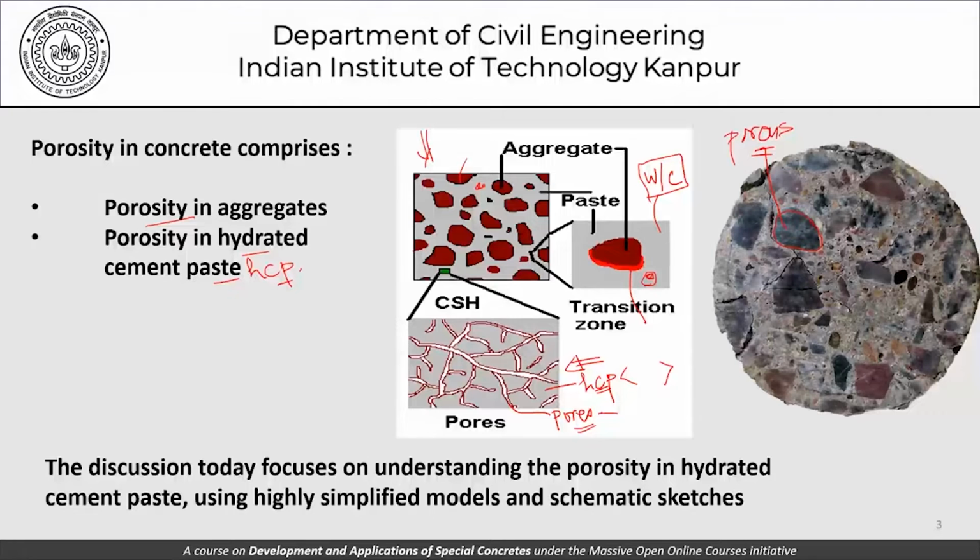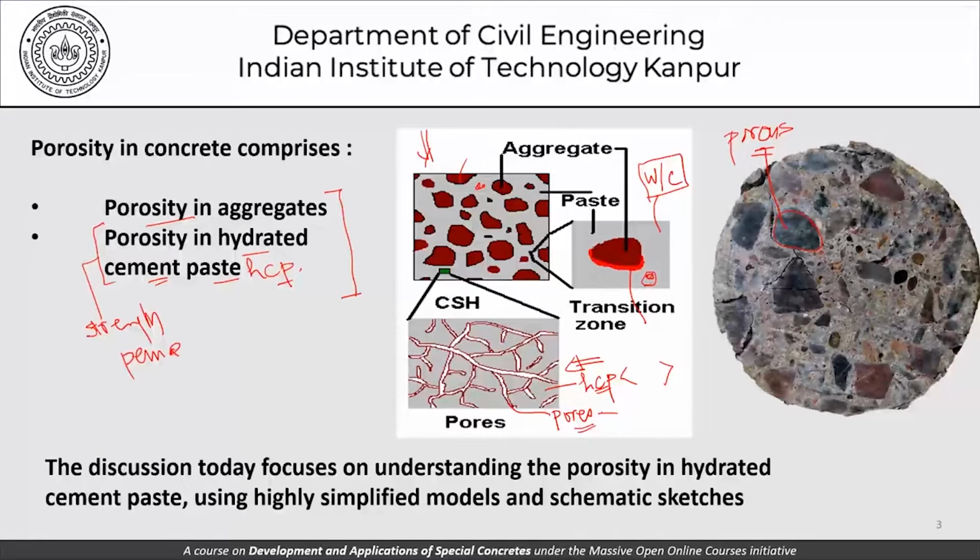Even though we'll use the word concrete and cement paste quite interchangeably, we'll talk of the porosity in concrete, but please remember that the porosity of concrete basically has these two components, and most of the time we are talking about the porosity which is in the hydrated cement paste, because this is what we control largely as far as normal concretes is concerned, and it is this part which governs things like the strength, permeability, and so on.